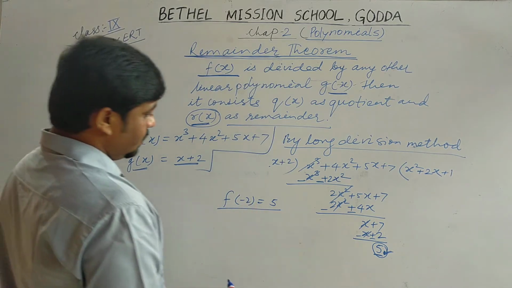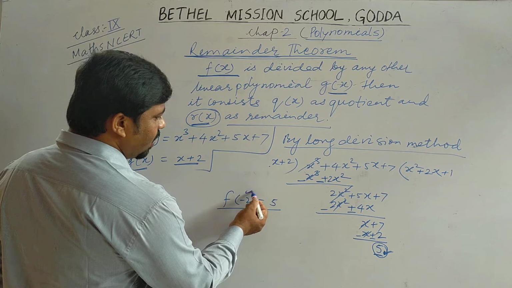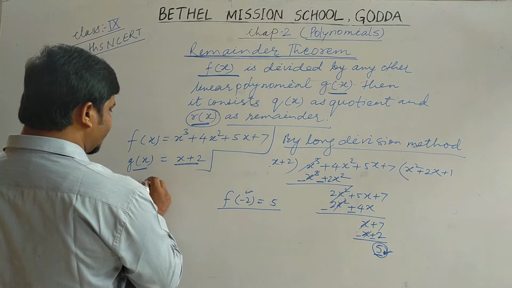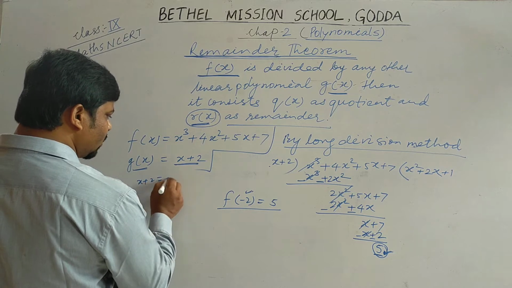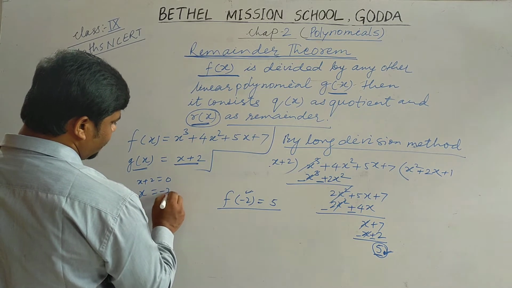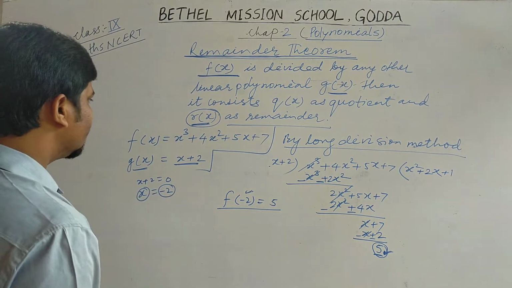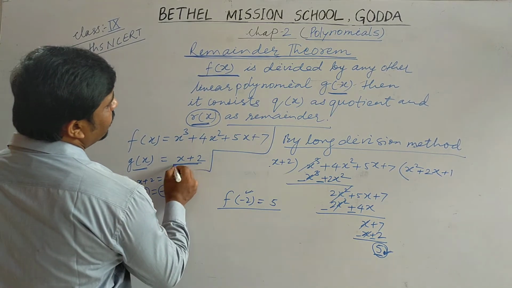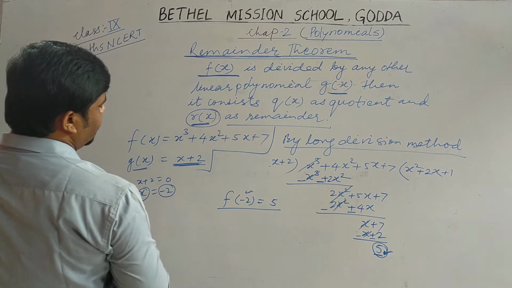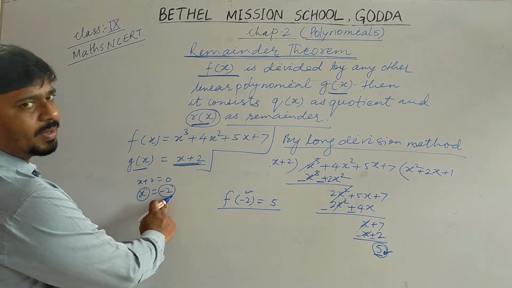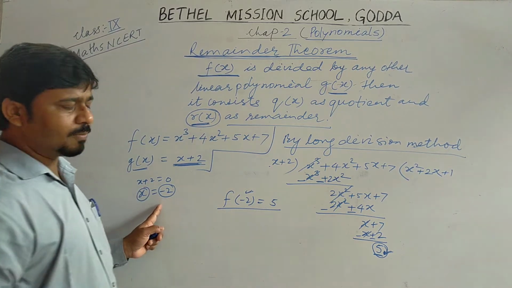Now you can think why minus 2 is here, from where it came. Because x plus 2 is the divisor, x plus 2 equal to 0 gives x equal to minus 2. So the value of x we are putting is minus 2. If the divisor is x minus 2, then the value of x will be positive 2.